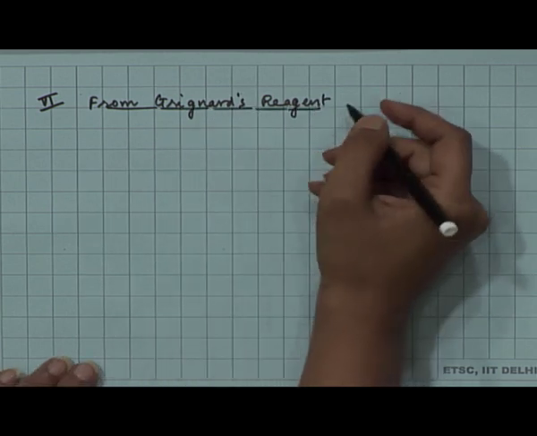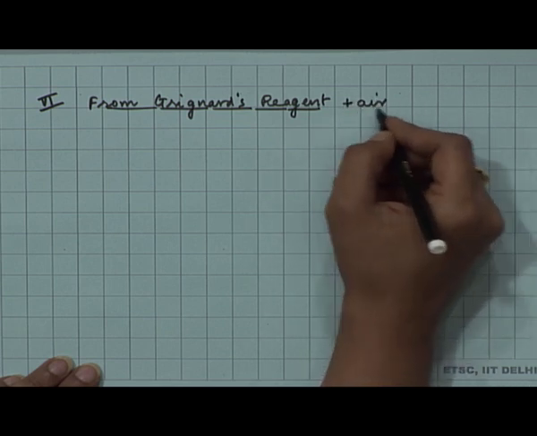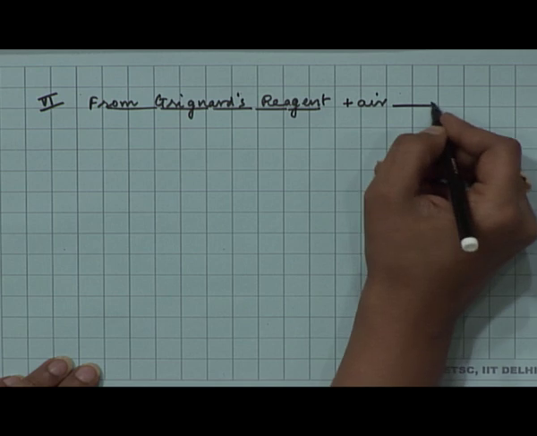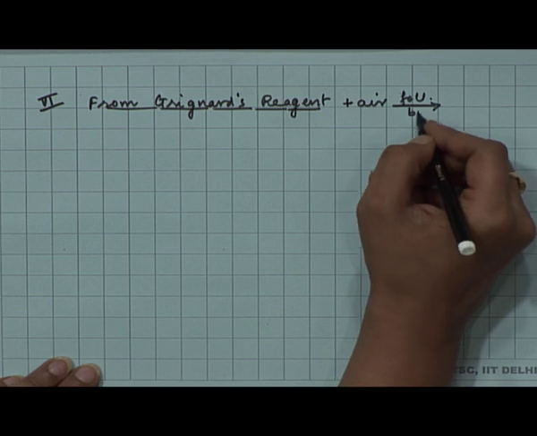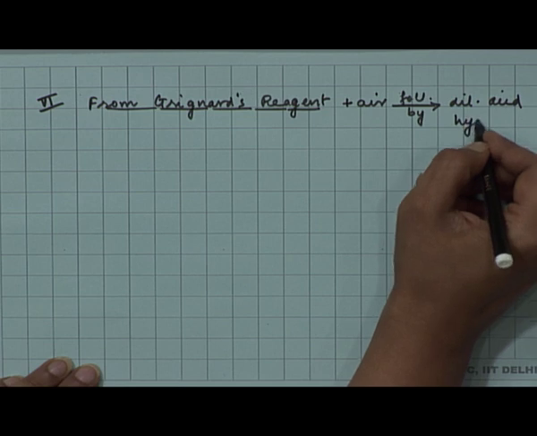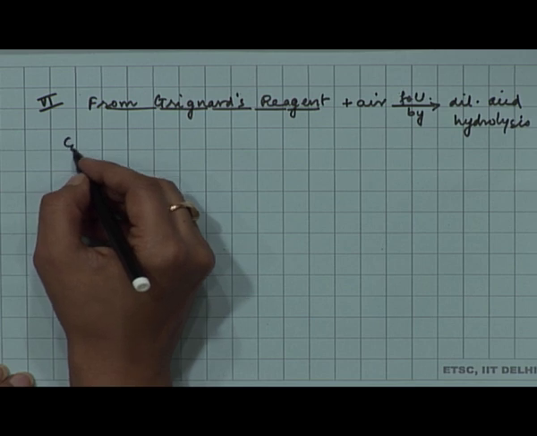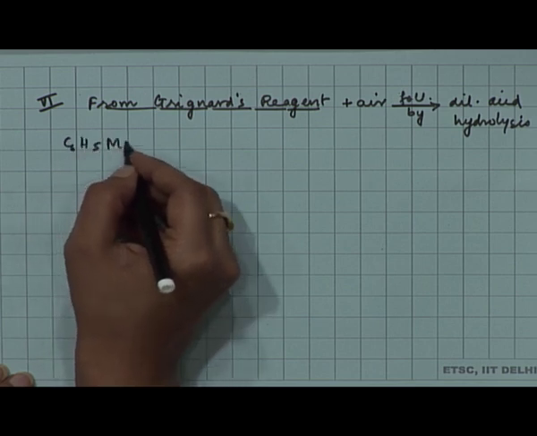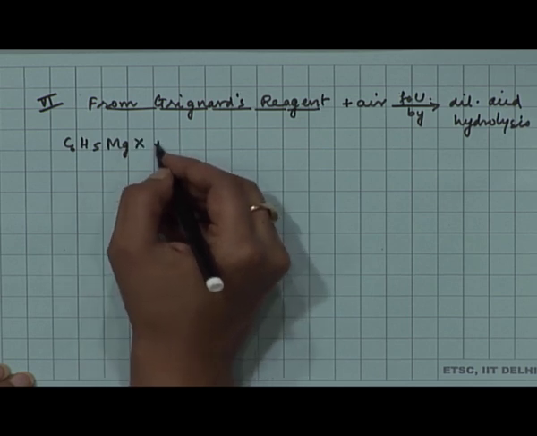You take the Grignard's reagent, in the presence of air treat them with oxygen, and this is followed by again a dilute acid hydrolysis. So, what happens overall? You start with the aryl Grignard's reagent, phenyl magnesium halide.